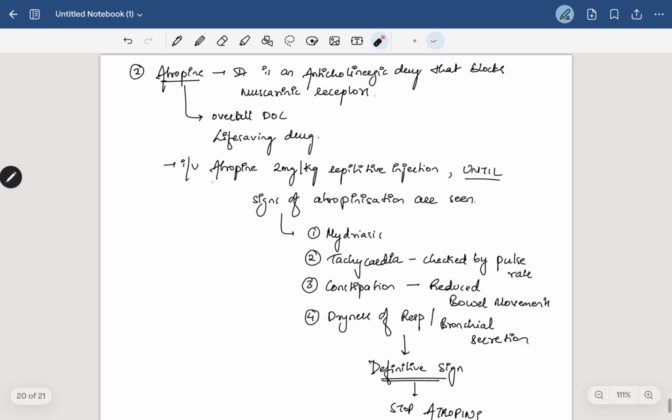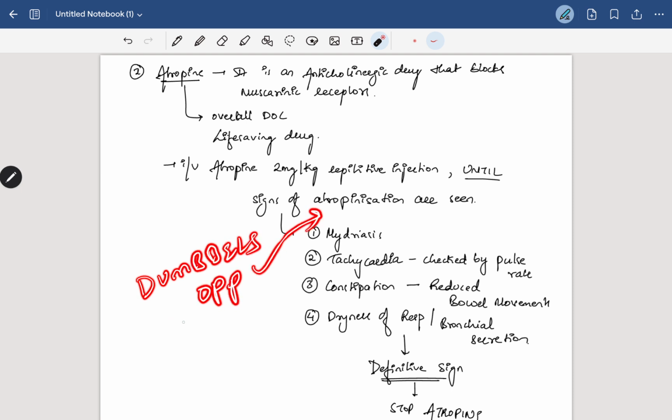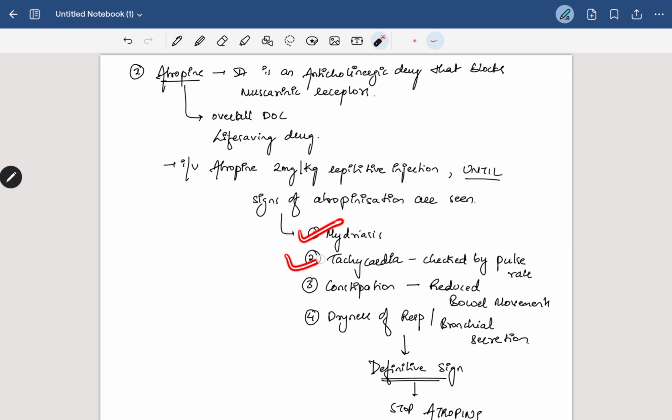So we have to give IV atropine. How much? 2 milligram repetitive injection until signs of atropinization are seen. I just now told you what the signs of atropinization are. It is all the opposite of DUMBBELS. Example, mydriasis, tachycardia, constipation.